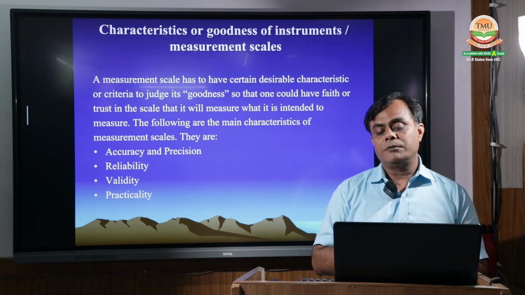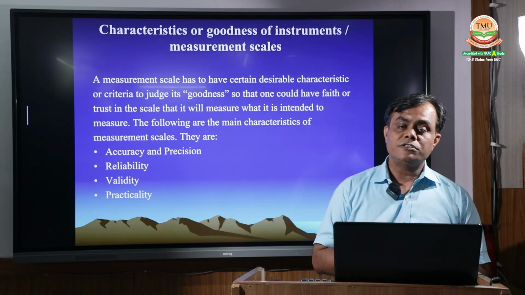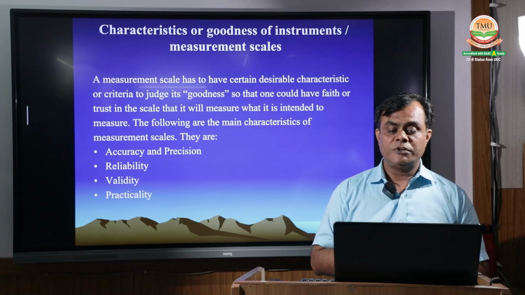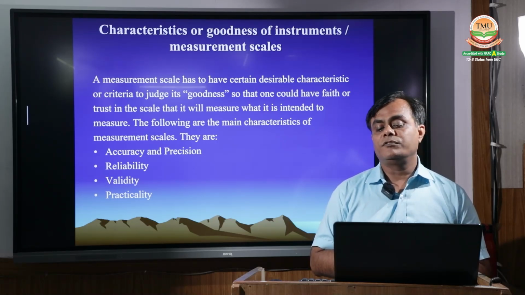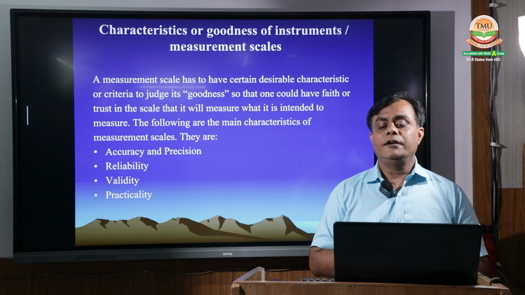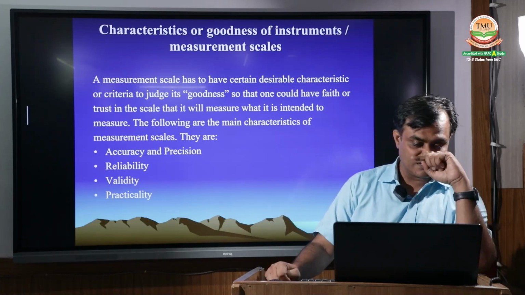The following are the main characteristics of a measurement scale. Simply, the goodness of a measurement instrument depends upon the trust in the scale and also the intent of the measurement.